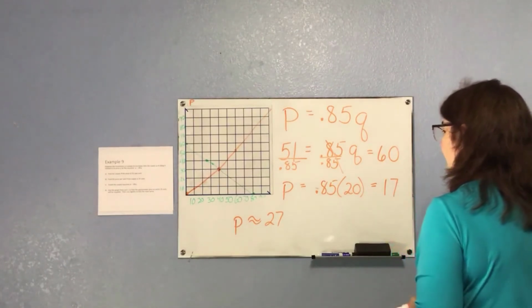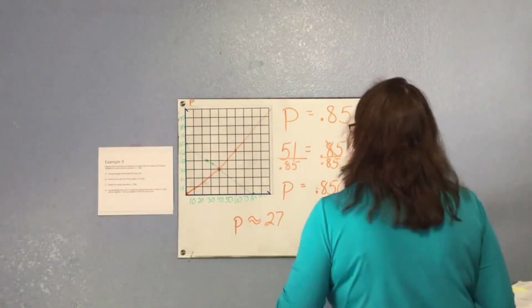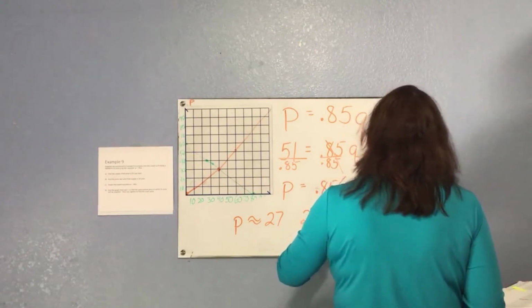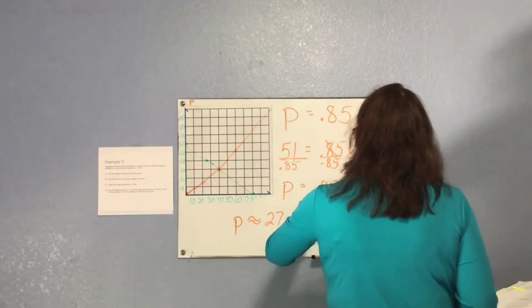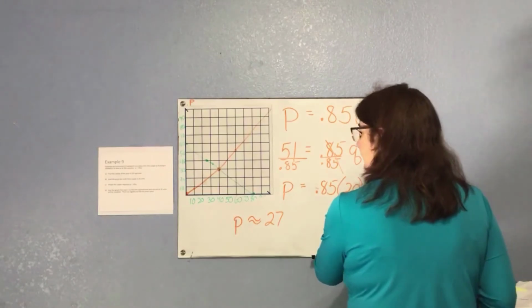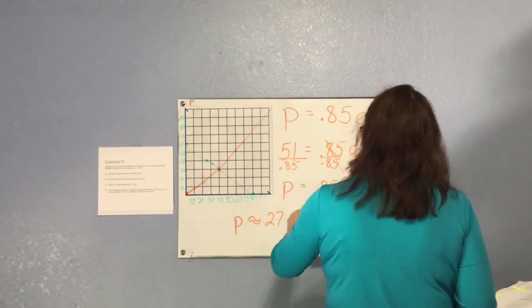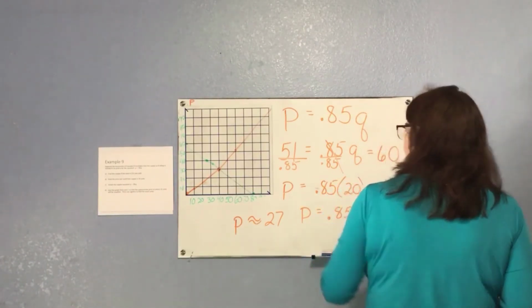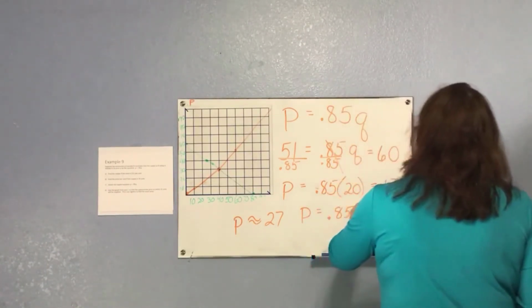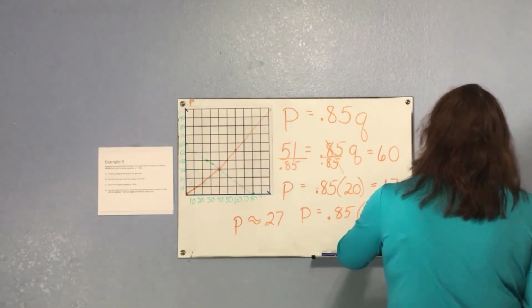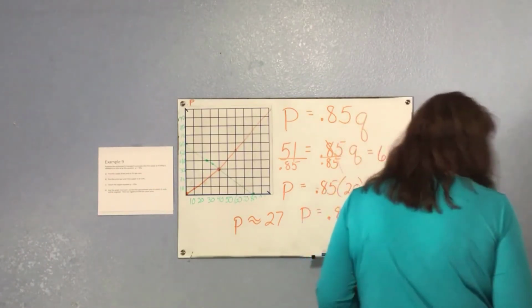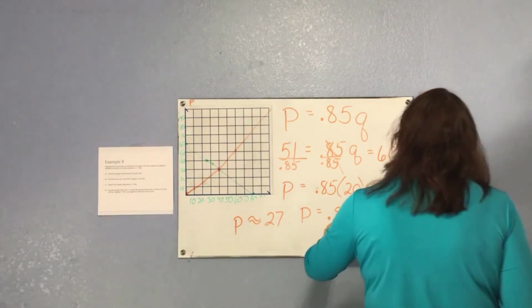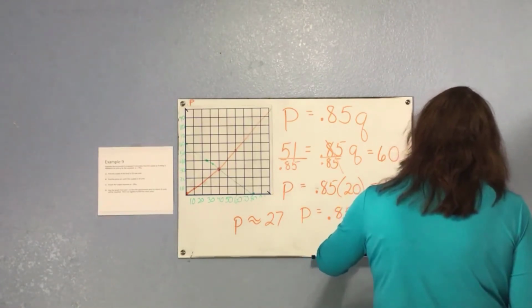Okay, now we're going to use algebra to find the exact price. So if I have 27, well, I'm not going to use 27, that's my approximation. P is equal to 0.85, and they're telling me 35 units are supplied, which gives us 29.75.